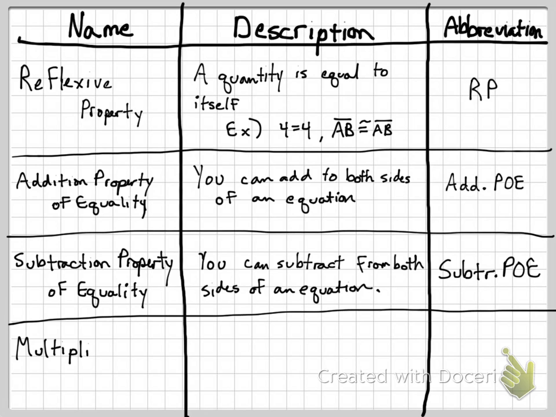There you go. So the multiplication property of equality. It is still useful to write this down just so that you're really connecting that knowledge and embedding it deep, hardwiring it in your brain. So, property of equality. You can multiply on both sides of an equation.